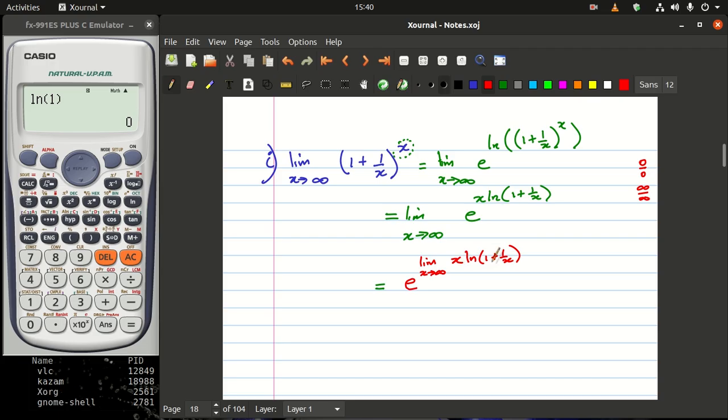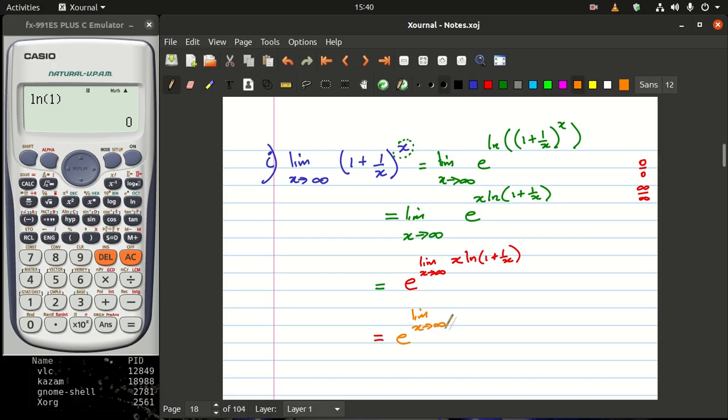How can we manipulate this function? We don't want to change it, but we want to manipulate it so that we get 0 over 0 or infinity over infinity. So this is going to be our e, and we are going to have a limit as x approaches infinity.